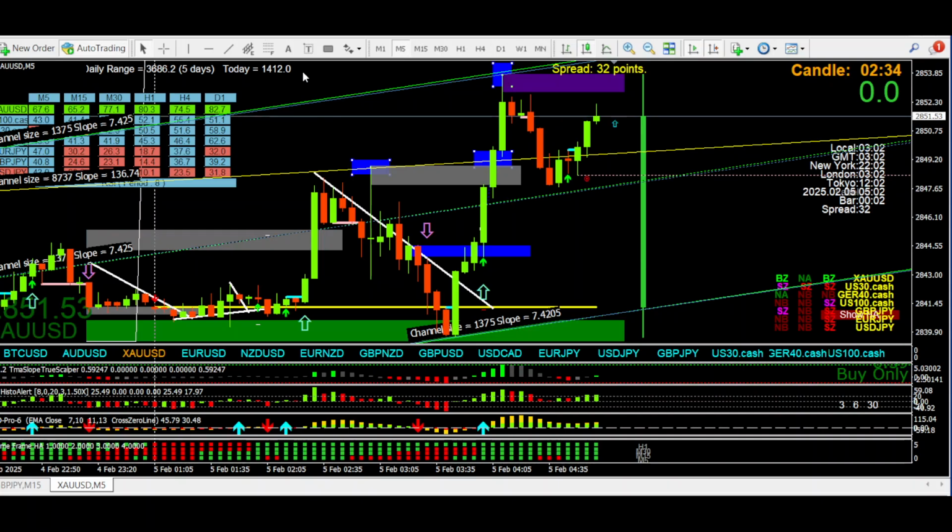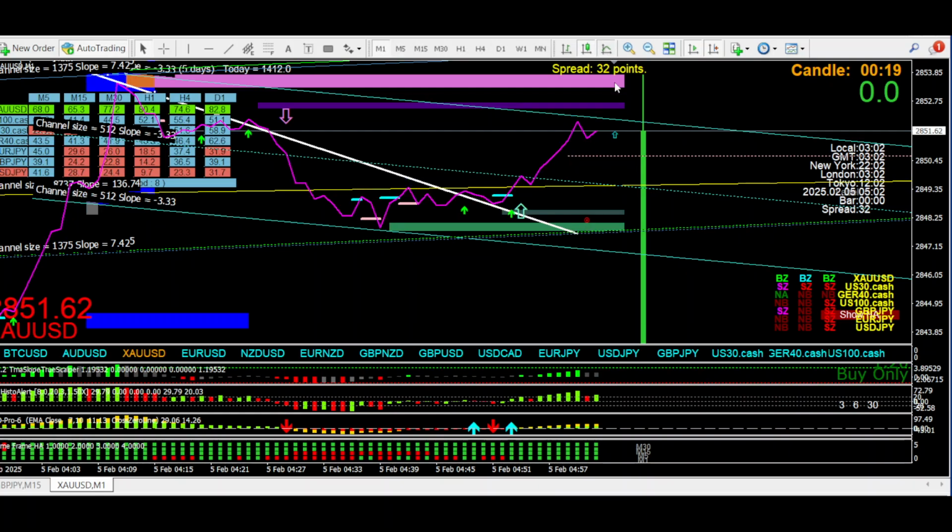There it goes, a little 2B going on there. We could have a look at M1. And we could have a look at the line chart. And we can clearly see there is the first reversal level.